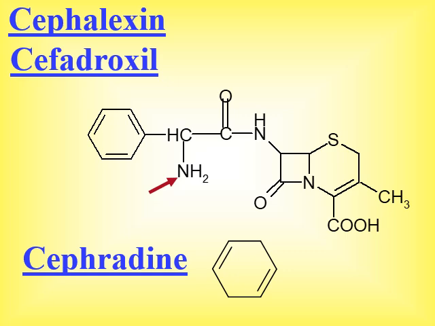The second compound is cephalexene. As we see here, the structure is similar to ampicillin, having an amino group attached to the alpha carbon, while cefadroxyl is similar to amoxicillin, having a hydroxyl group in the para position of the phenyl, while in cefradine here, the phenyl group has 2 double bonds and not 3 double bonds. These 3 compounds can be taken orally, because as we see here, at carbon number 3 we have a methyl group, not an acetyl oxymethyl derivative.